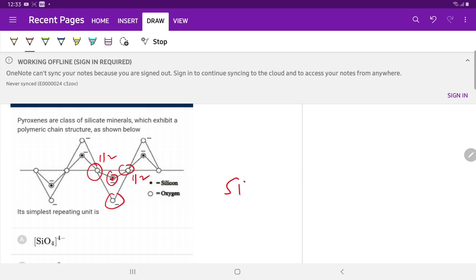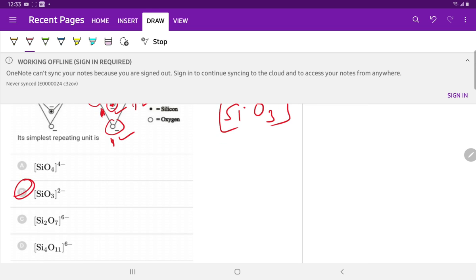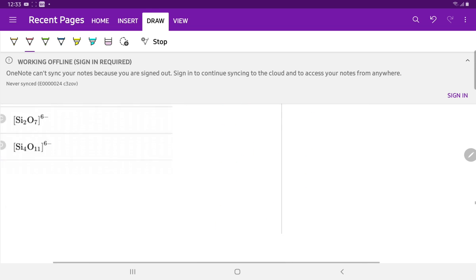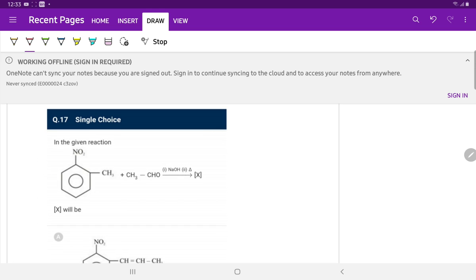This will also count as half. 1, 2 and 3, SiO3 2 minus. The minus charge is present on these two oxygen atoms. Contributions are half, 1, 1 and 1. So the repeating unit is SiO3 2 minus. Option B is correct for question number 16. Question number 17.